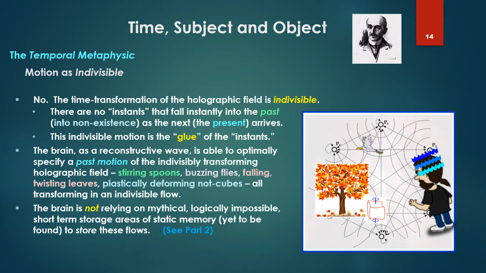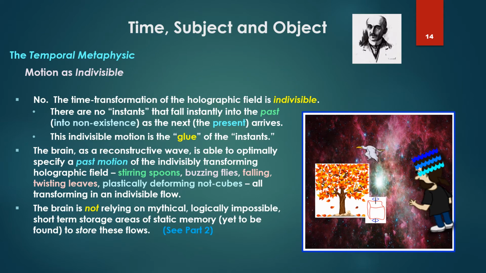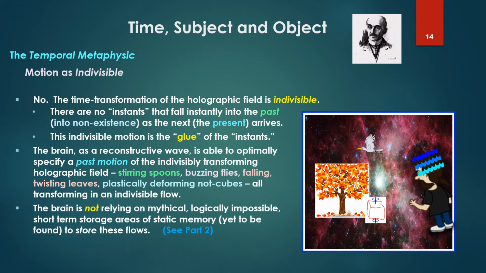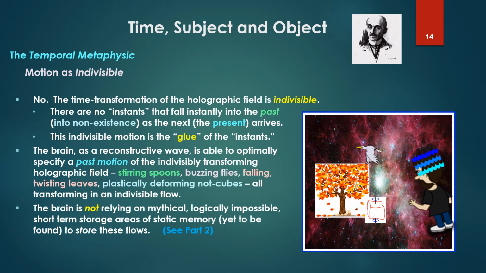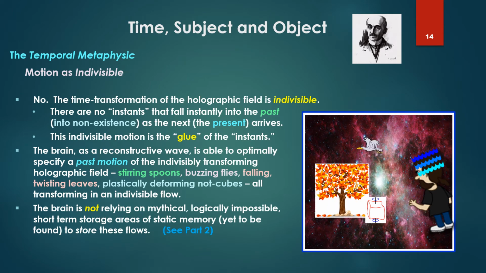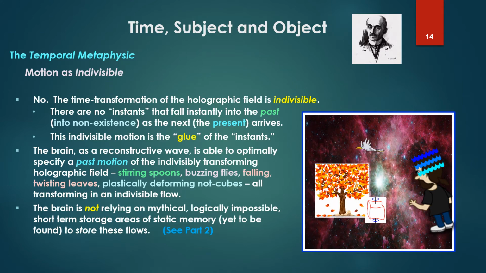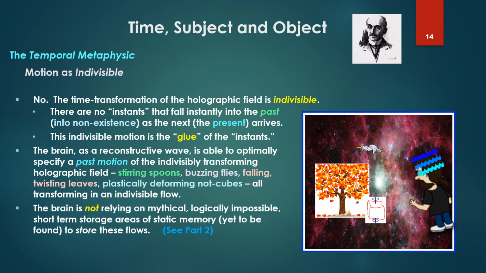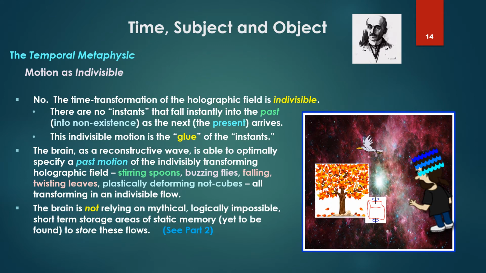The brain, as a reconstructive wave, is able to optimally specify a past motion of the indivisibly transforming holographic field, as stirring spoons, buzzing flies, falling, twisting leaves, the plastically deforming knot cubes we talked about in number 2, all transforming in an indivisible flow. The brain is not relying on mythical, logically impossible, short-term storage areas of static memory, yet to be found, to store these flows.